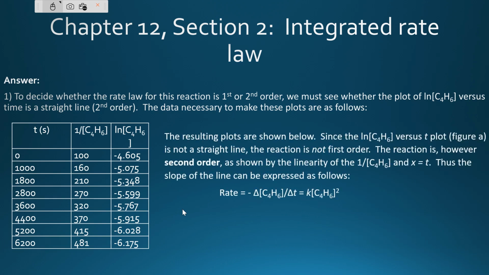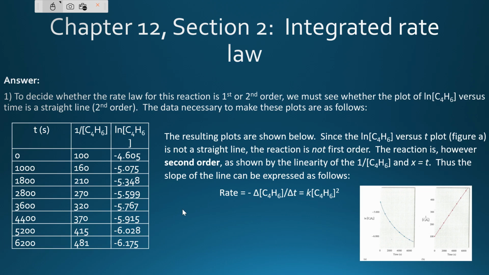With that table, the resulting plots are shown below. Since we're plotting it out, I can see which one gives me the straight line. It's second order if you get a straight line. The slope of the line can be expressed as you see in the equation. Okay, so that's not too bad. Basically you just answer the question by plotting the data out.